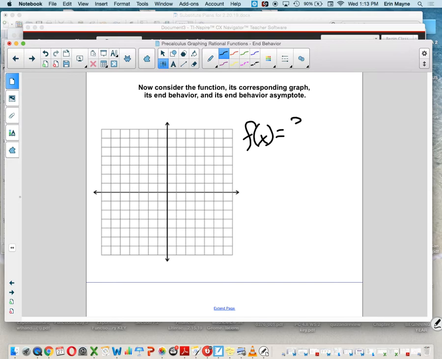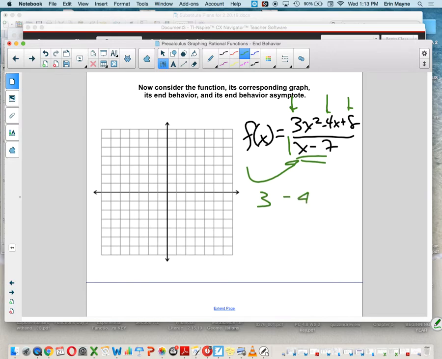If I gave you 3x squared minus 4x plus 8 all over x minus 7, because, now listen carefully, this is a linear divisor with a coefficient of 1, I can take my coefficients. I can put whatever would make this 0 in that little box. I can drop the 3, and I can multiply.